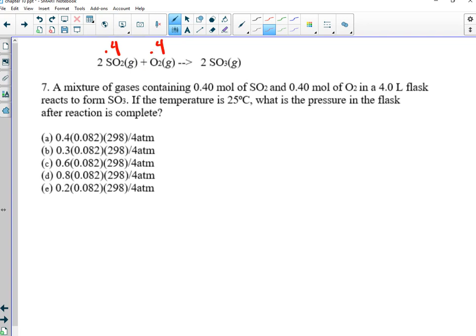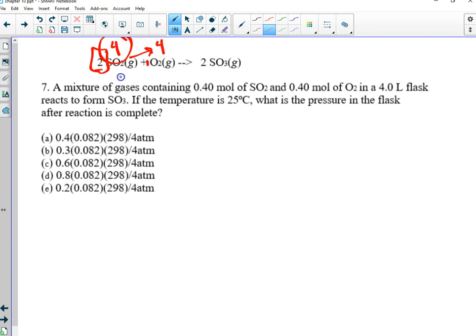So this is actually a limiting and excess reactant problem from chapter 4, which you didn't love because they're complicated, but this one's not that bad, hopefully. So you look at the coefficients. Here's a 2. This one has a 1, right? So you ask yourself, is this number 2 times bigger than that number?